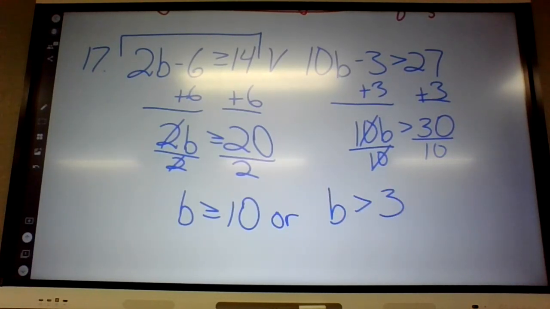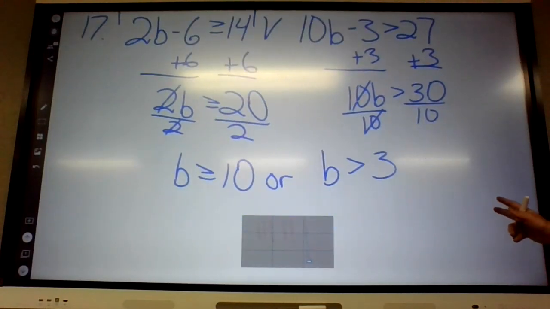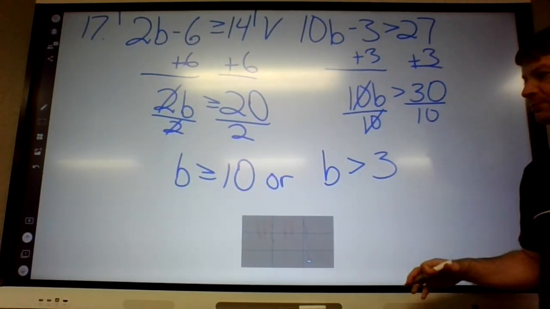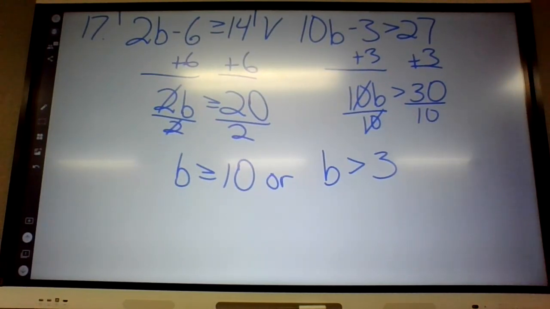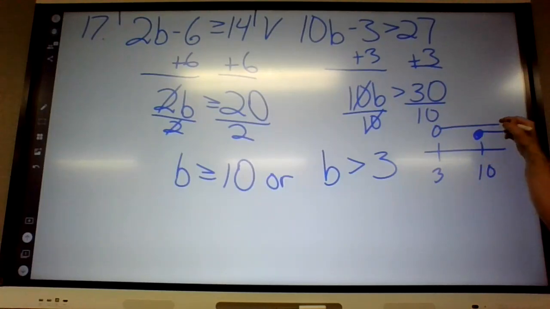So if this wasn't an even, you could stop here, but this one actually does simplify some. What numbers are greater than or equal to 10 or greater than 3? 4, 5, 6. Yep, but how do we write that simply?